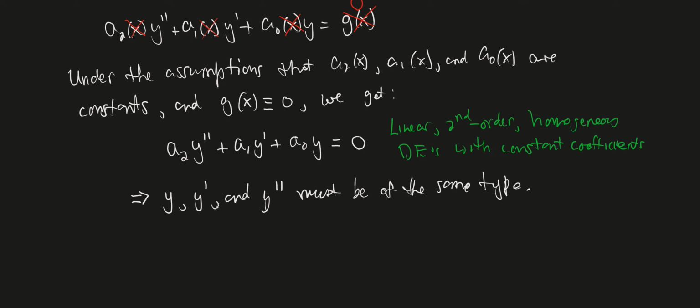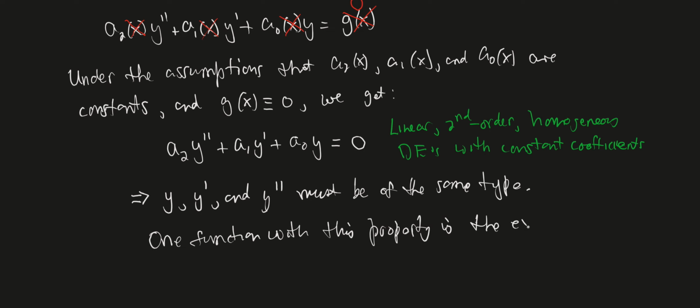But there's another type of function that no matter how many times we differentiate it, it pretty much stays the same type of function. And that happens to be our basic exponential function. So one function with this property is the exponential function.